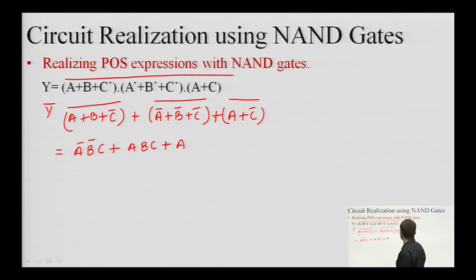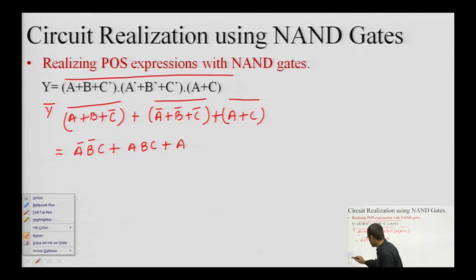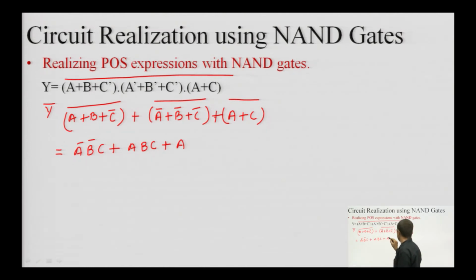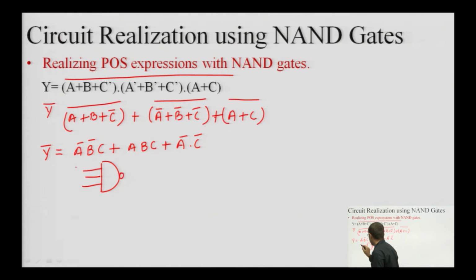These bars are not required because they are plain variables A and C. So, it will be giving me A bar dot C bar. This is now an SOP looking expression, but it is in the form of Y bar. So, I have to realize this. I can also assume that these inverted input variables are also available to me. That means, I can simply use it like this: A bar, B bar and C.